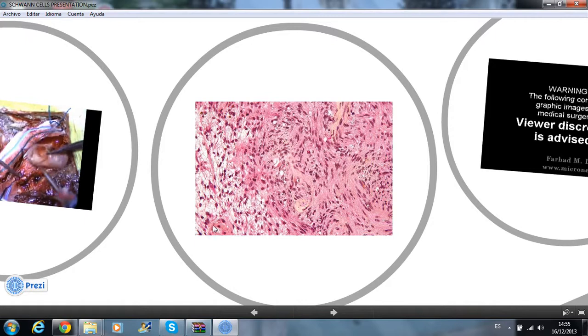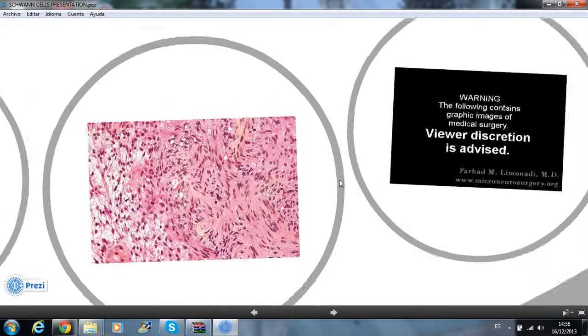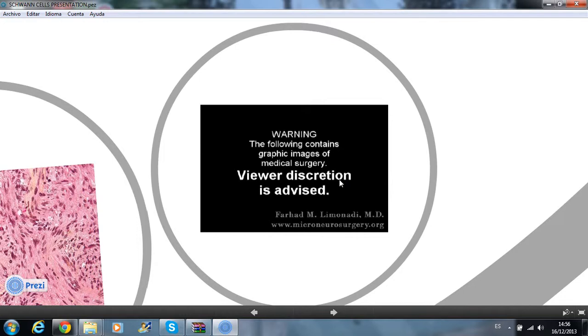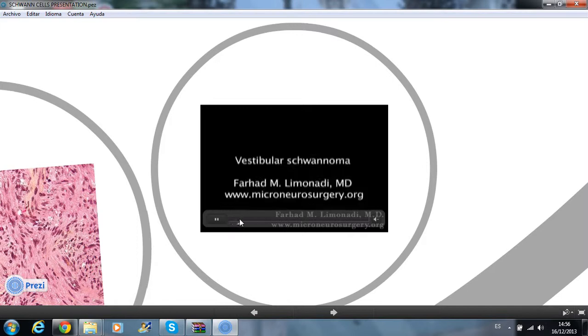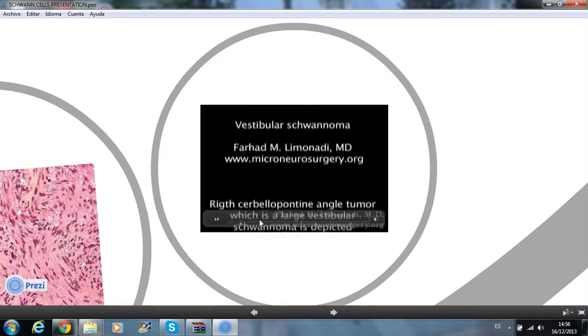Also here we can see the histology of the Schwann cells that I told you before, and also in this video we can see the vestibular schwannoma.